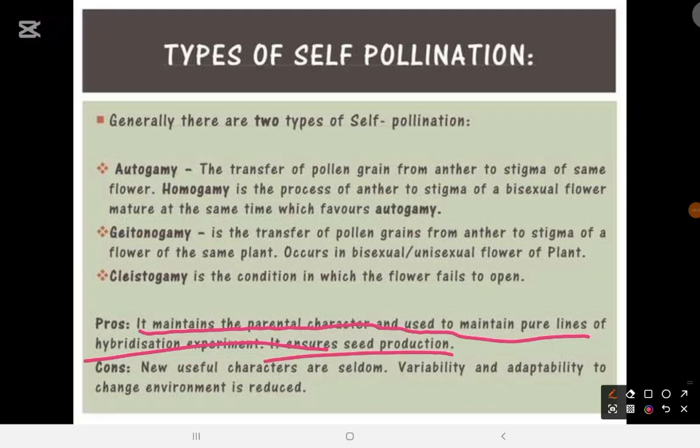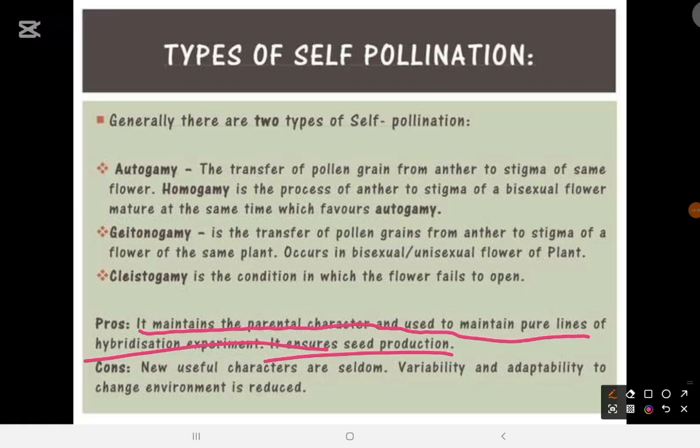What that means is that if the flower that is pollinating has very special characteristics that make it unique or attractive, that special characteristic will be maintained in the next generation, because the next generation is a pure line, since it comes from the same parent.